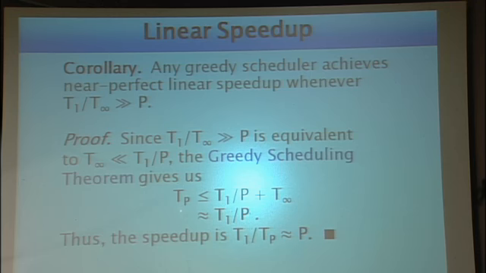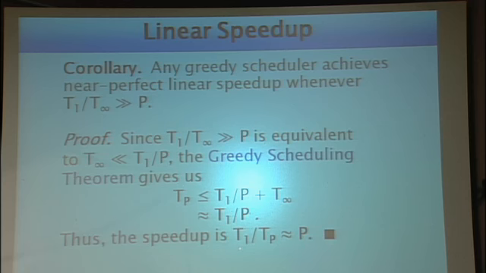Okay, well, what does that mean? The greedy scheduling theorem says TP is at most T1 over P plus T infinity. We just said that if we have this condition, then T infinity is very small compared to T1 over P. So if this is negligible, then the whole thing is about T1 over P. Okay?